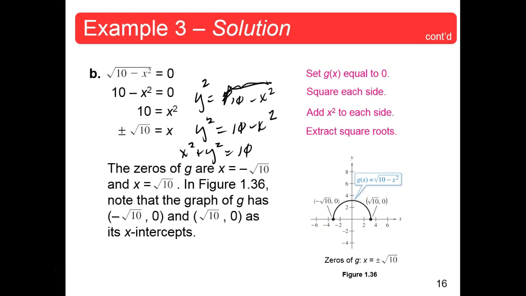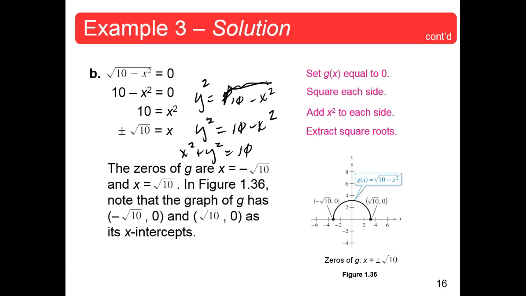Between 3 and 4, because the square root of 9 is 3 and the square root of 16 is 4. 3 squared is 9, 4 squared is 16, and 10 is in between those two. It's closer to 3, so it's 3 point something, and sure enough, that's what we got.